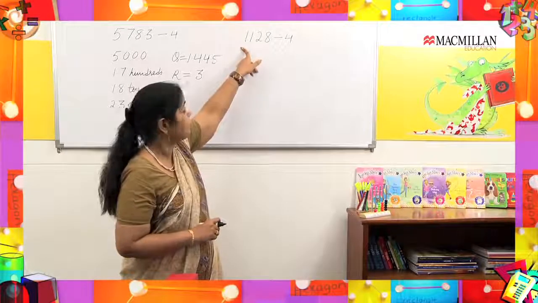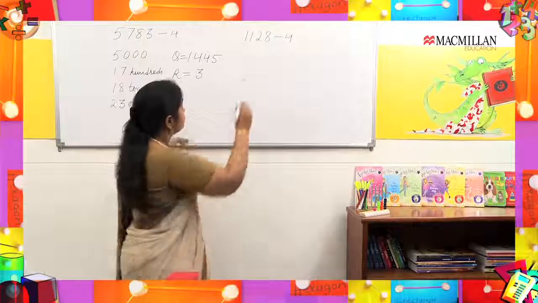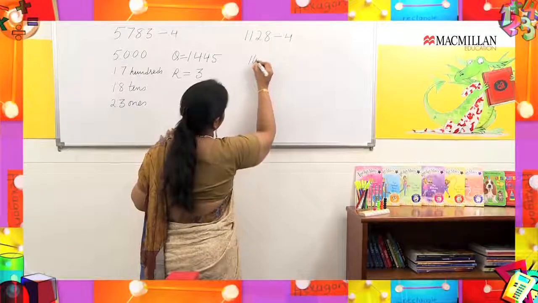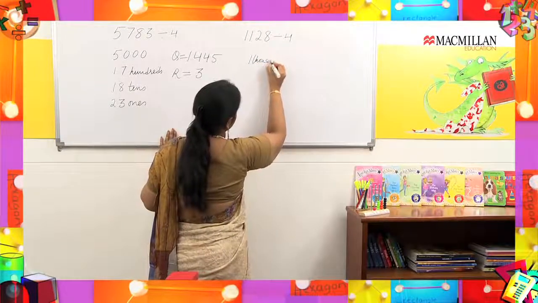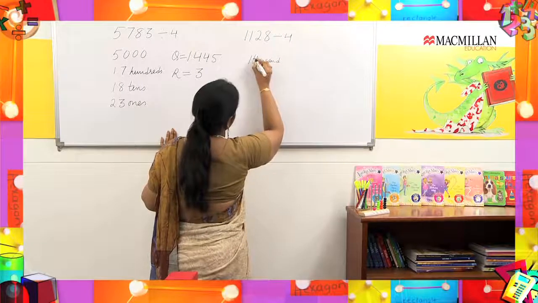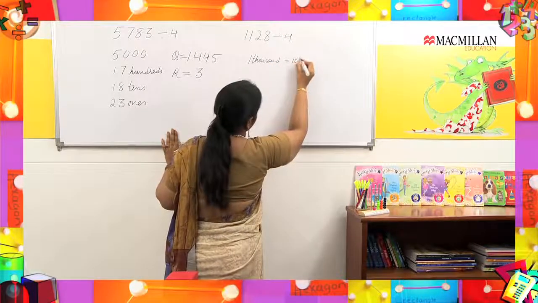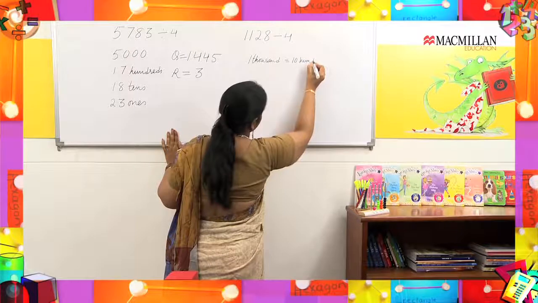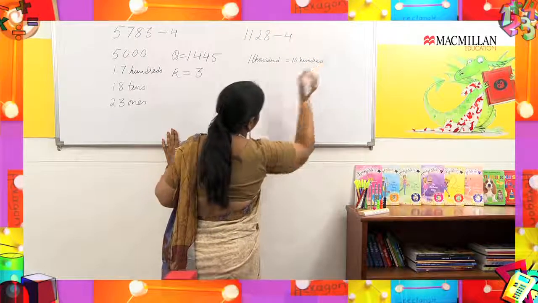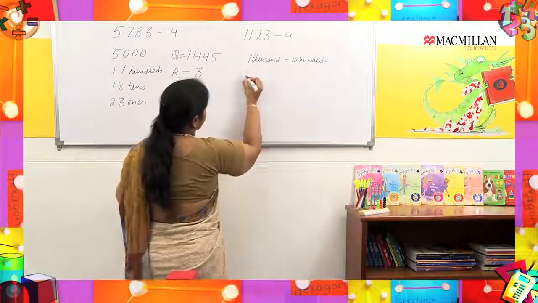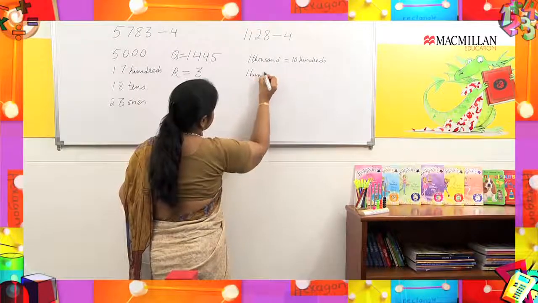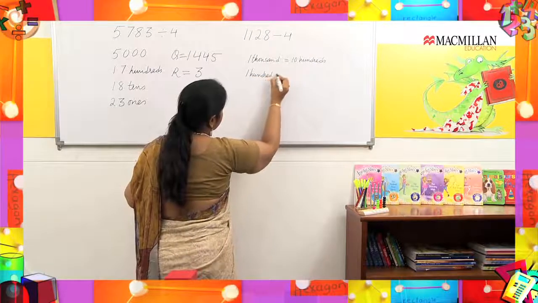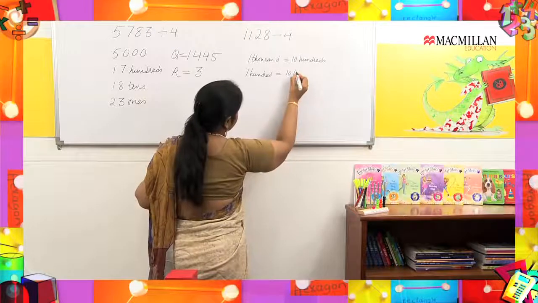Now to divide 1000 by 4, first we will convert. Can I say 1000 is equal to 10 hundreds? And can I also say 100 is equal to 10 tens?